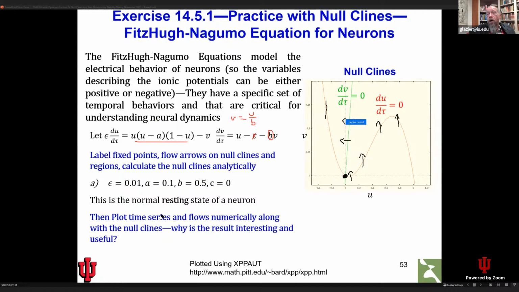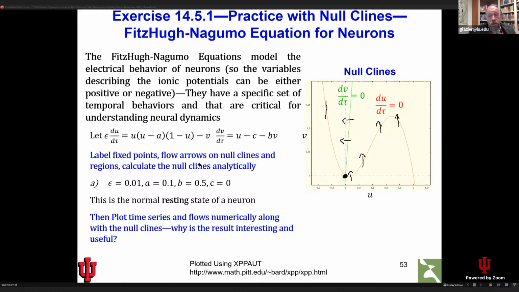Good. All right. Very good. So does somebody now want to take the code that they've got? First, give me a time series. Plot the time series for U for these equations, and then plot the orbits. And this is actually quite an interesting one. So I'd like people to try that together.